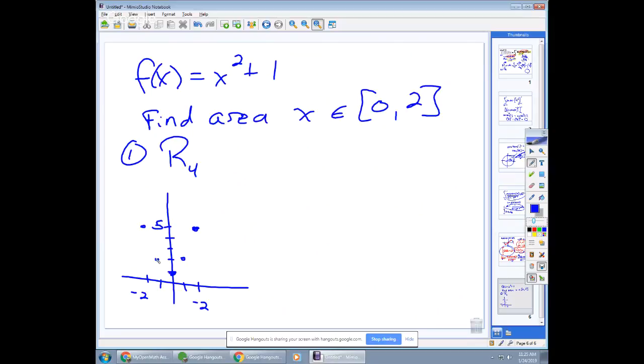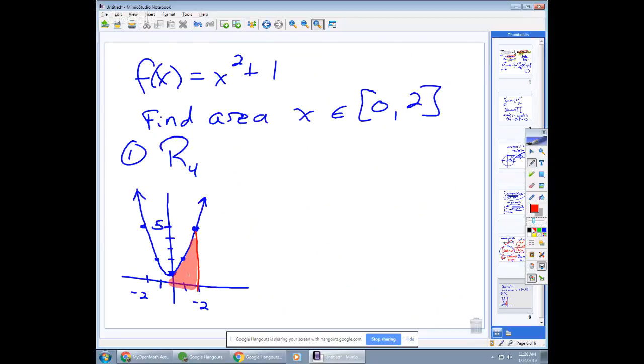So this is my function. And the area I'm trying to find is this one right in here.